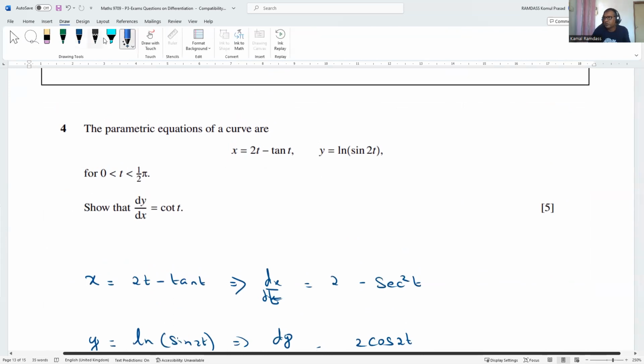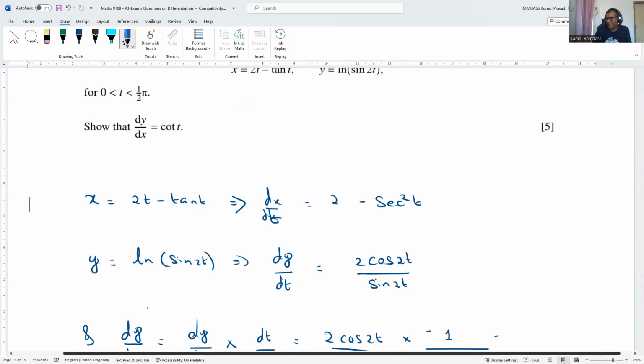Quand il y a show, nous finissons la réponse d'abord. X equal to 2t minus tan de t, dx by dt, c'est 2 minus, tan de t, differentiation with respect to t, pardon, c'est sec square de t, 2 minus sec square de t.